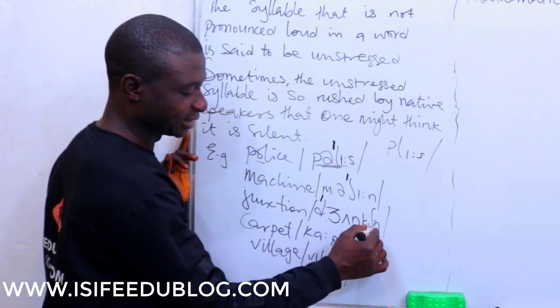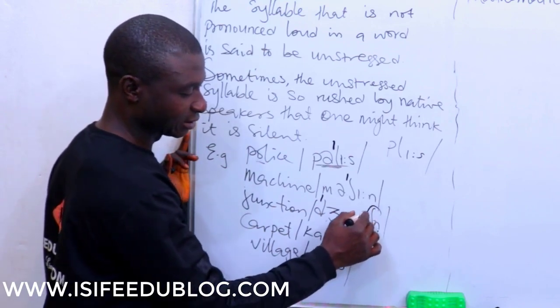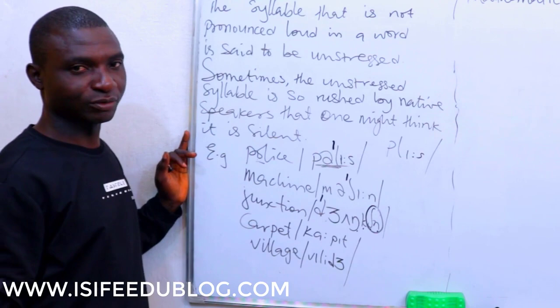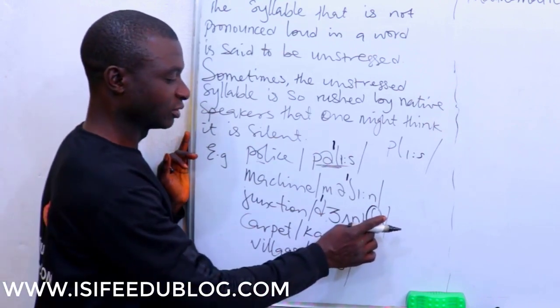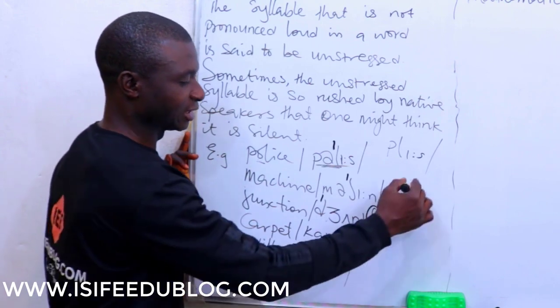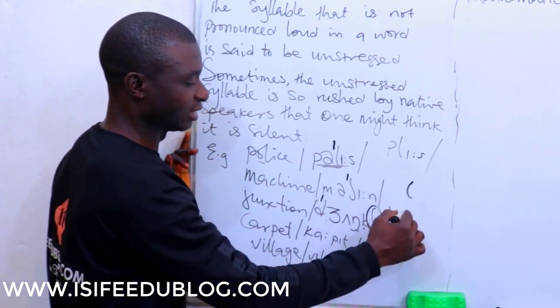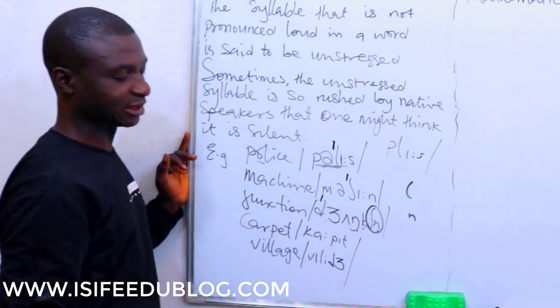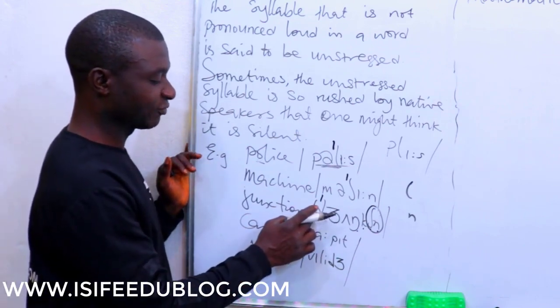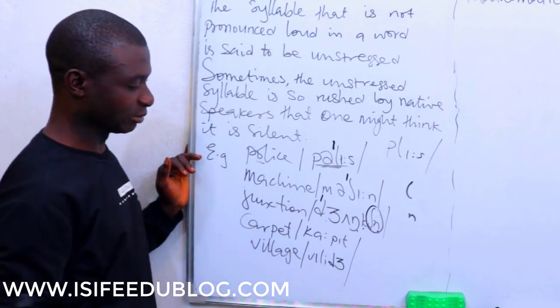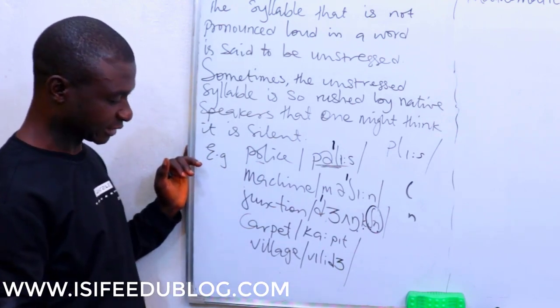And this is the second syllable. Alright? I told you of the syllabic consonants before now, L and N. This is a typical example. And so, in junction, our stress is on the first syllable, while the second syllable is not stressed.